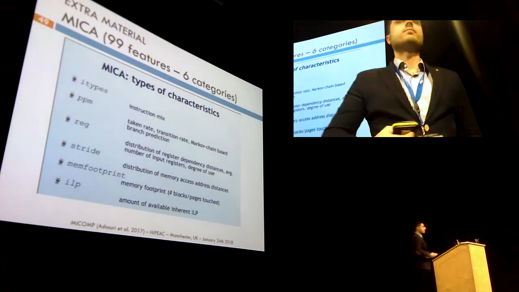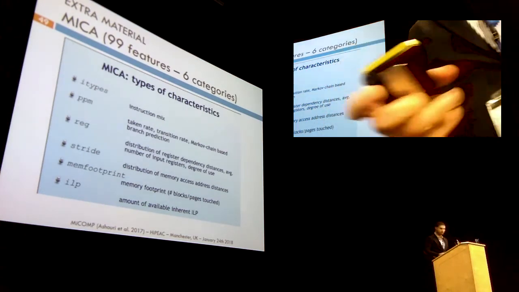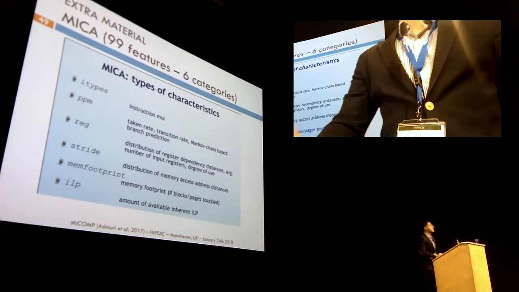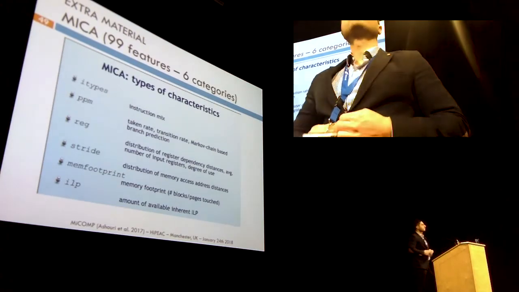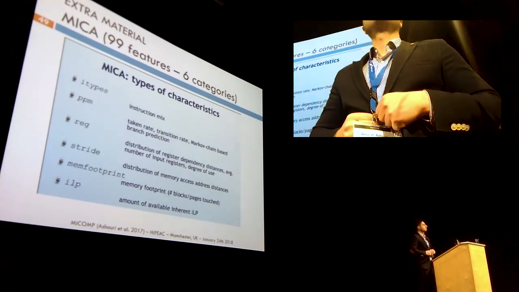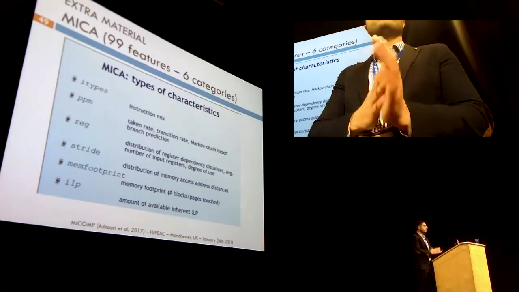Okay, that's helpful. Let me ask this. I'm a user of your MiCOMP, and I've got a program and I want to use it. How long is it going to take me to compile my program?